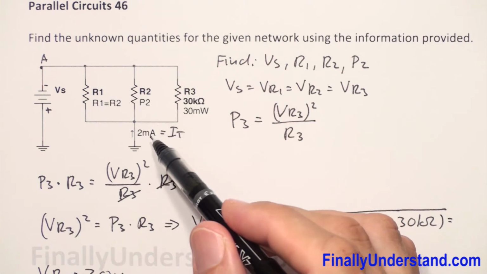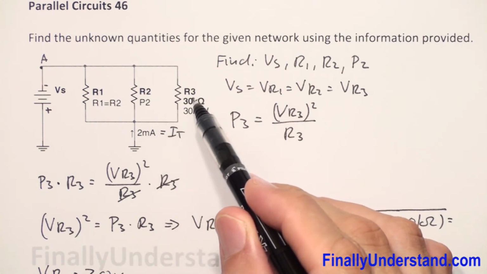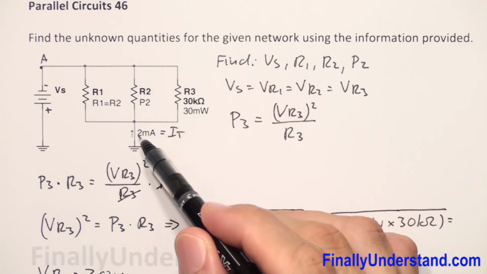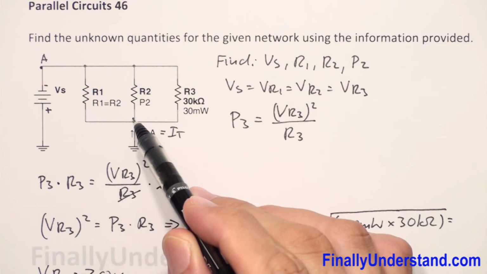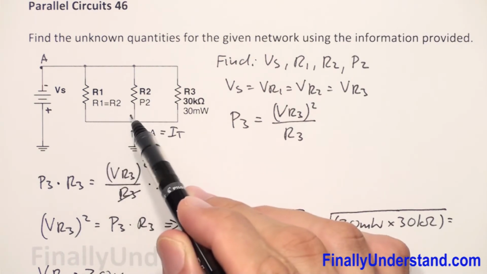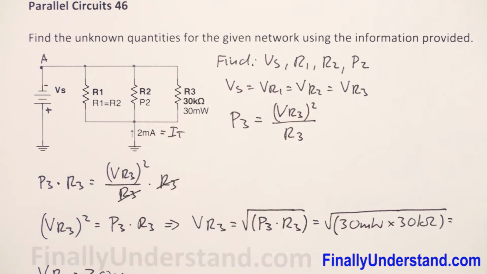These currents are going to go like that. 1 milliamp will go through resistor R3, and the remaining 1 milliamp is going to be divided into these two resistors equally. Why? Because the resistances of these two resistors are the same.